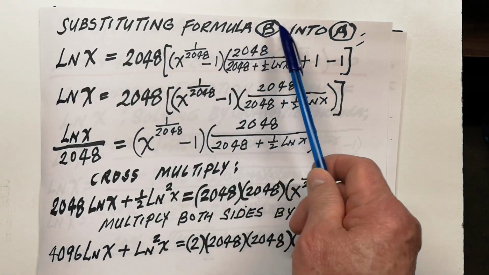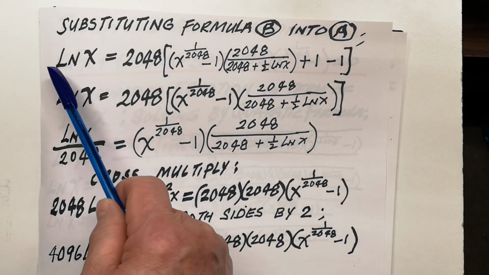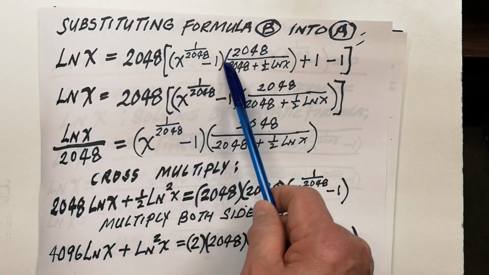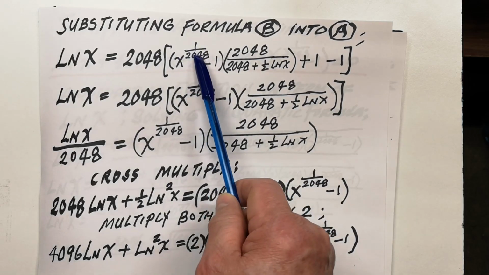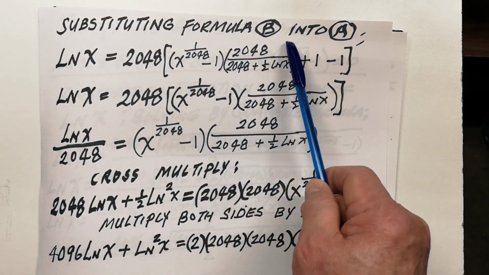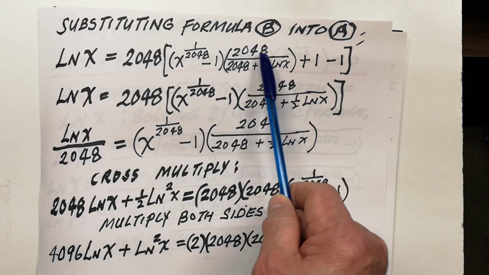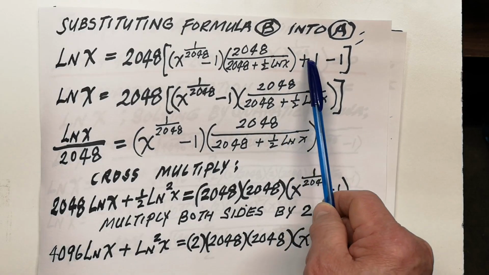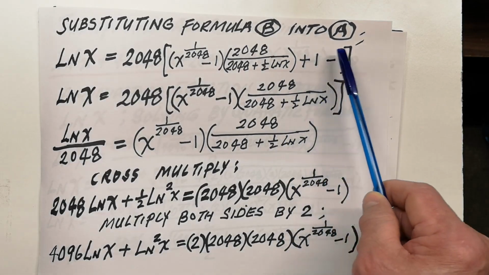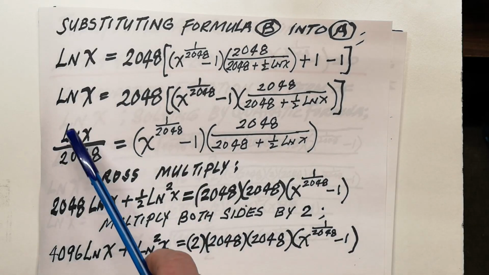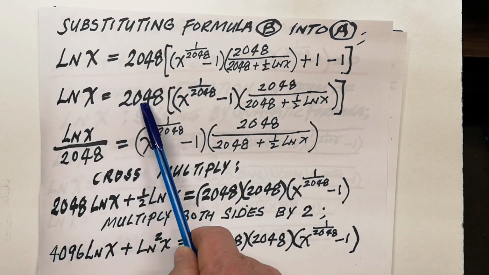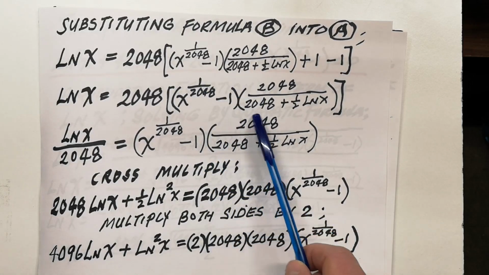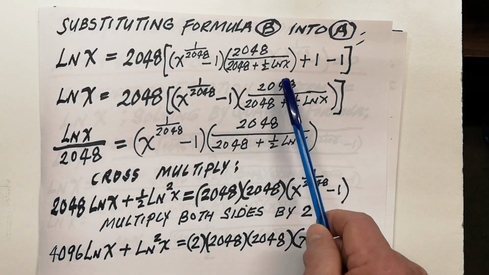Substituting formula B into formula A, ln of x therefore equals 2048 multiplied by quantity x raised to the 1 over 2048 minus 1 multiplied by this ratio of 2048 divided by 2048 plus 1/2 ln of x, plus 1 and minus 1. So this plus 1 and minus 1 will cancel out. Therefore ln of x equals 2048 multiplied by x raised to 1 over 2048 minus 1 multiplied by this ratio.